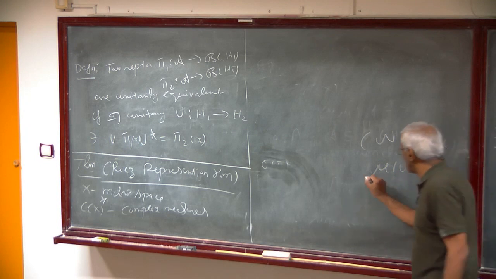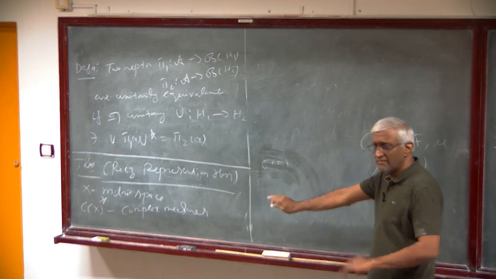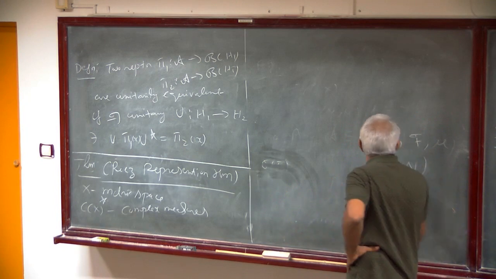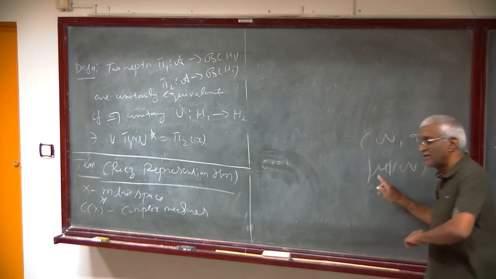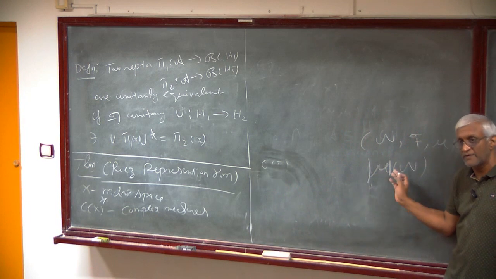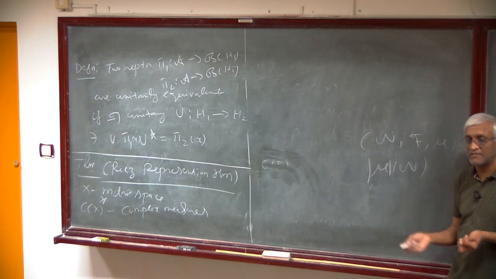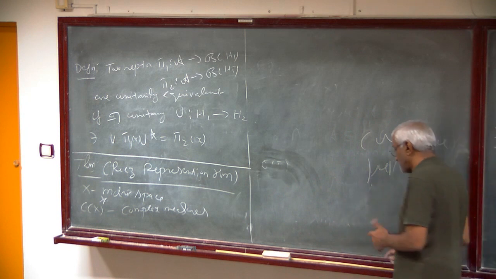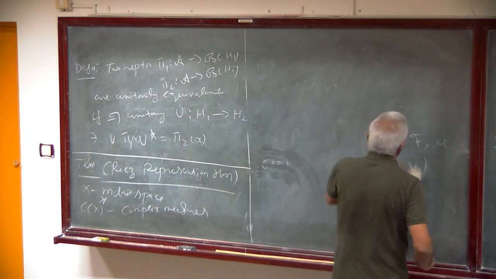So if you have a mu, there is something called, I mean, we don't need it, I'm just stating it. If we need it, I have to do it. Let me see whether we need it.